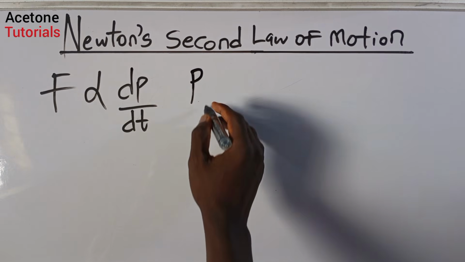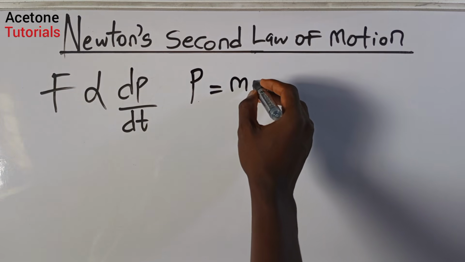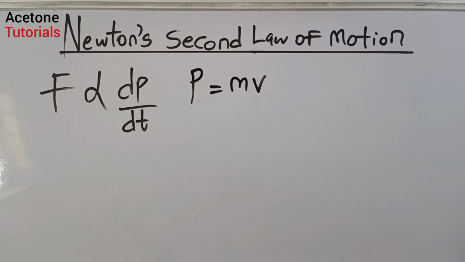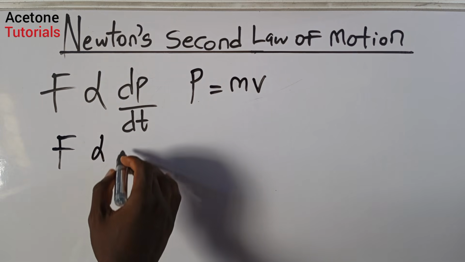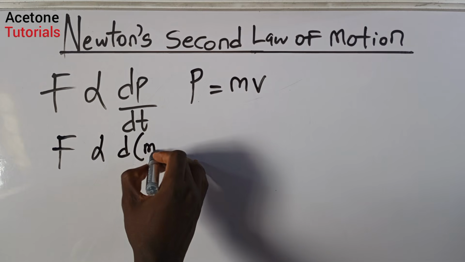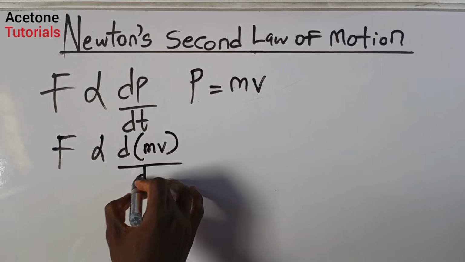P is the momentum, which is the product of mass and velocity. So we have F directly proportional to the rate of change of momentum.